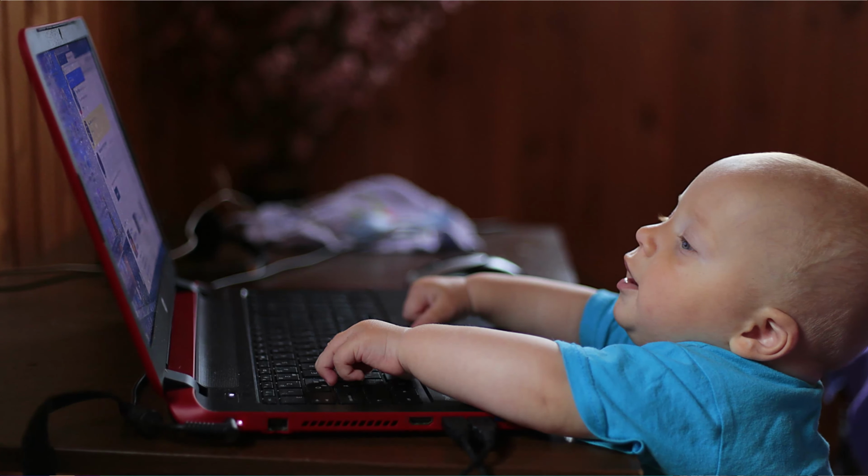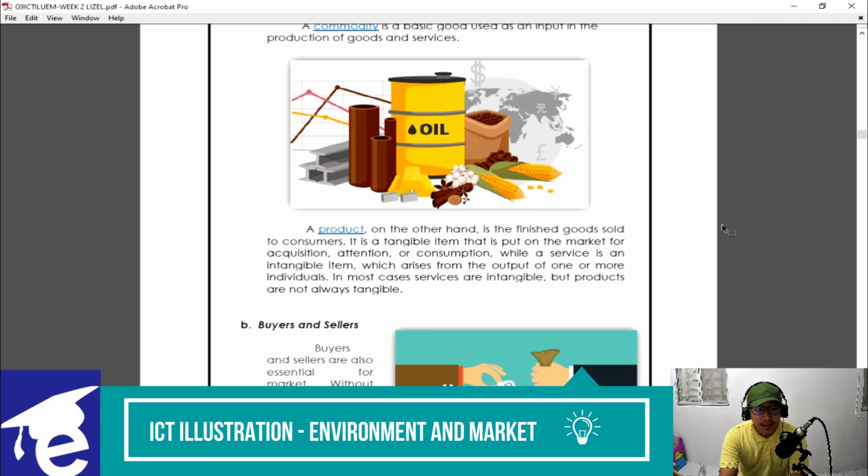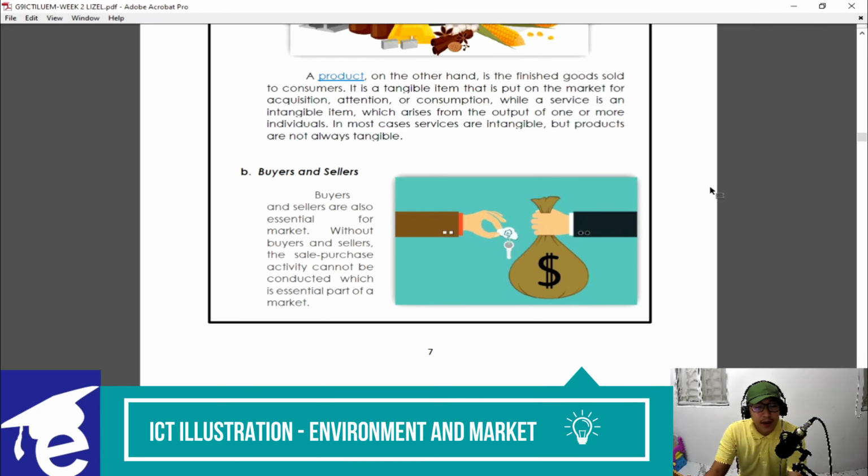So that's one basic principle about the types of customers that we are talking about. So B, buyers and sellers. What is a buyer? What is a seller? Of course there's an exchange between the two types of people, buyer and seller, which is the composition of the marketplace. If there's no buyer, there's no seller.